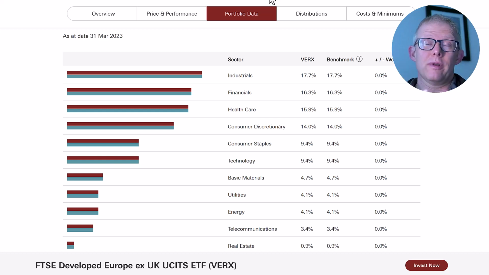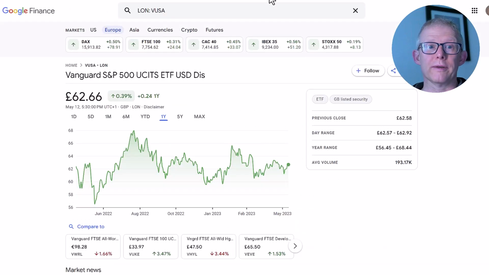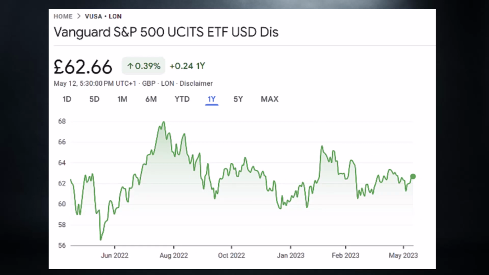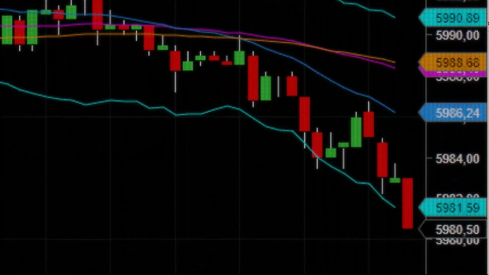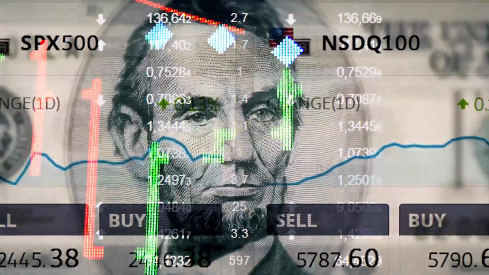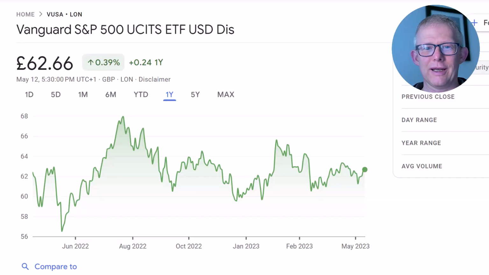And I suppose that is showing us why over the past year it has been a reasonably well performing fund, coming in at about 7% growth. Whereas in comparison, the S&P 500 over the past year has performed at up 0.4%. You would have done much better to have invested into VERX over the past year through the turbulent times that we've seen with the peaks and troughs that you can actually see here on this chart.